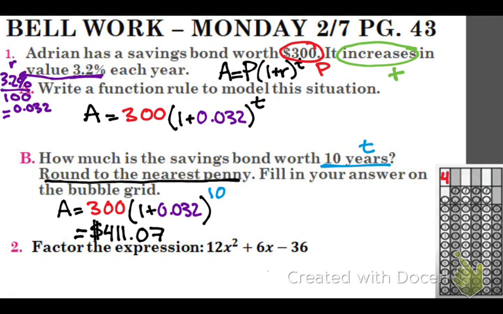The last part of that problem is we have to bubble it in the grid. So I put every number and decimal into their own columns, and I fill in those bubbles.